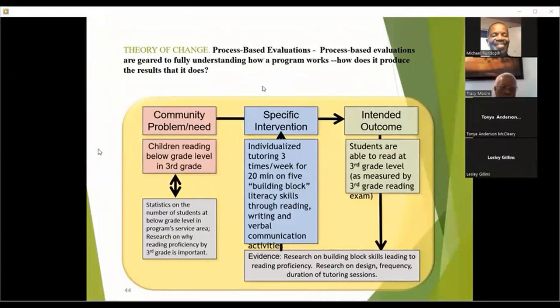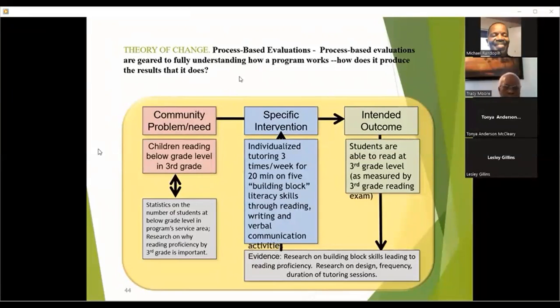For example, if we're talking about changing teenage pregnancy, the process-based evaluation talks about how we're going to do it. Well, we're going to have classes 5 times a week for 6 months at 1 hour per class. And these are the things that we're going to do in class. And these are why we're going to do what we do. So as you can see, a process evaluation shows the steps of how you're going to do it.